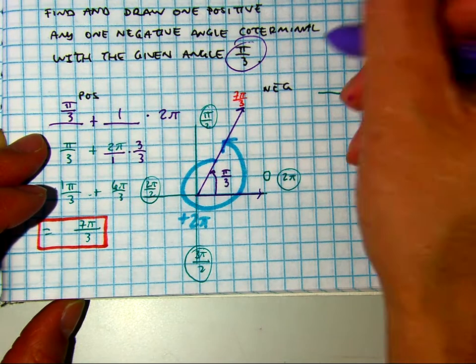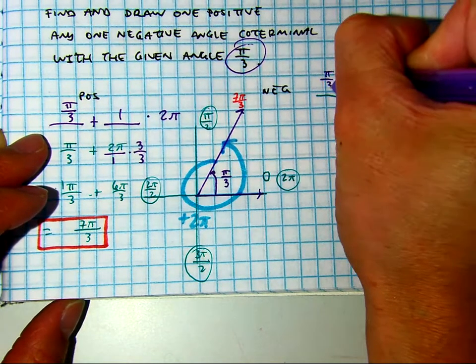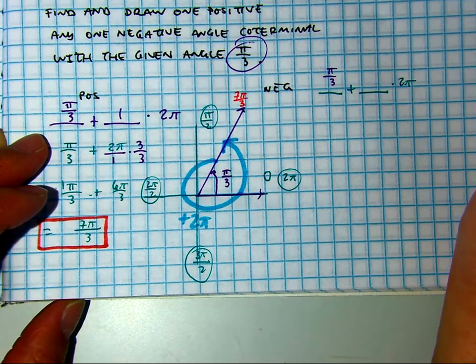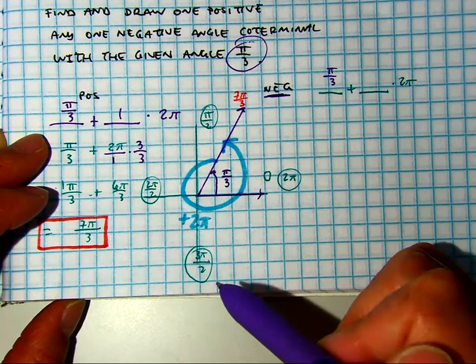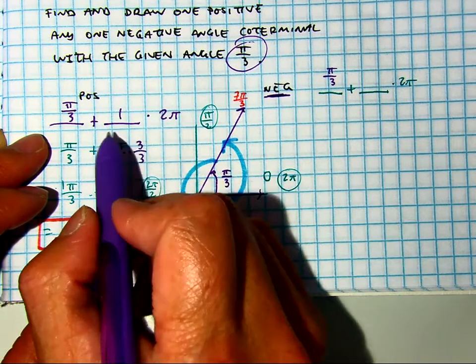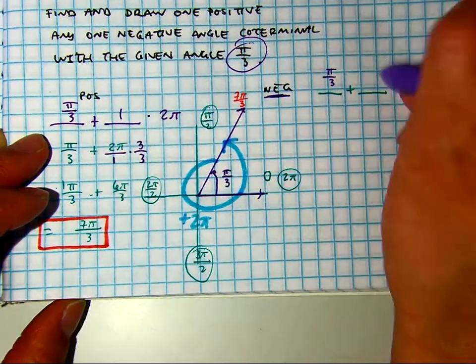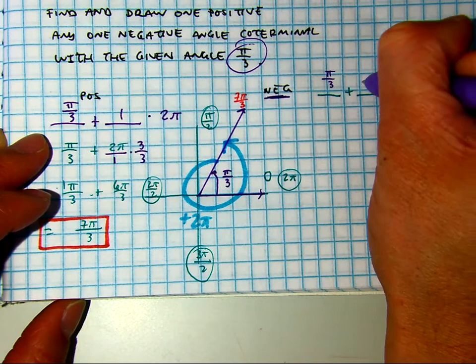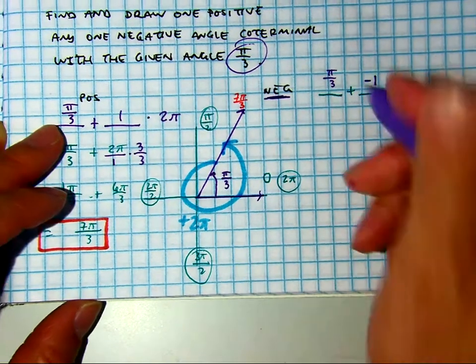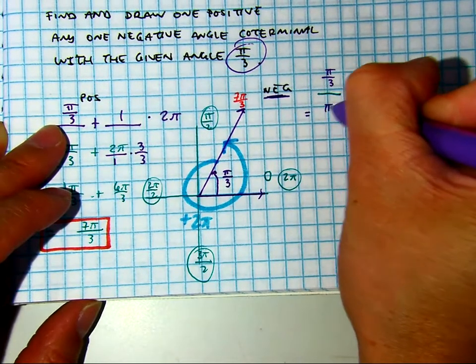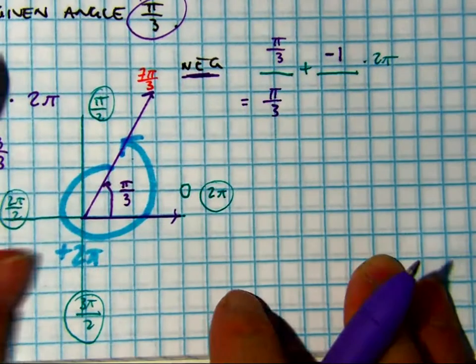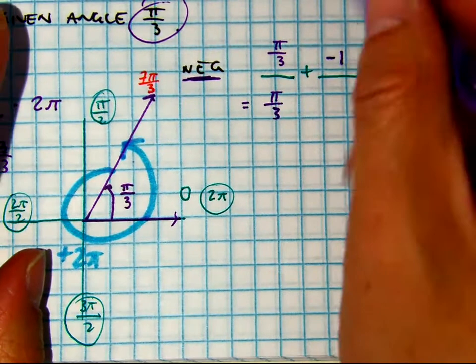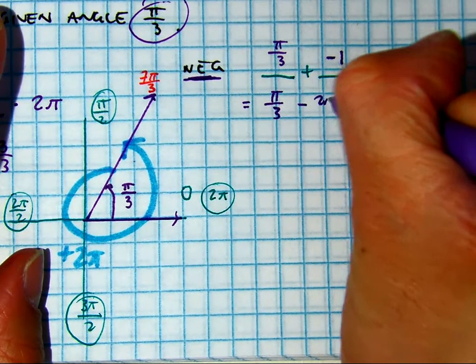We're going to need to put a rotation. We're trying to get a negative angle. Yeah, the easiest ones are positive 1. Kimberly says negative 1. So class, I have now pi over 3. Negative 1 times 2 pi, class? Negative 2 pi. I need to make this a common denominator. How do I do that, class? Put it over 1.